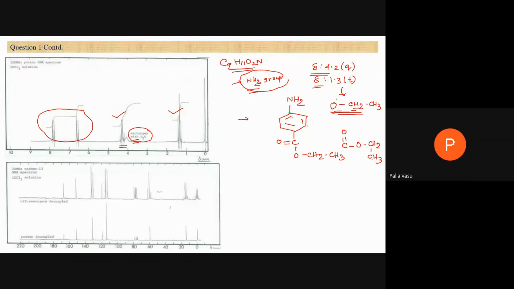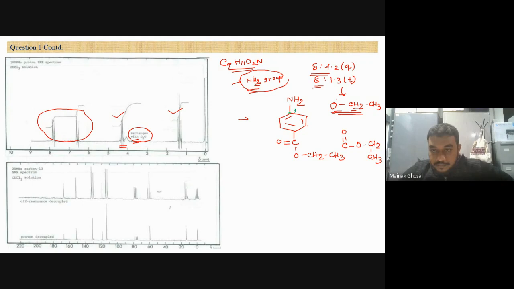Sir, 7. 7. Okay. So 1, these two are equivalent. 3, these two are equivalent. 4, 5, 6, 7. So in the carbon spectrum, you expect 7 distinct peaks to be present to confirm that the molecule whichever you are thinking of is correct or not.